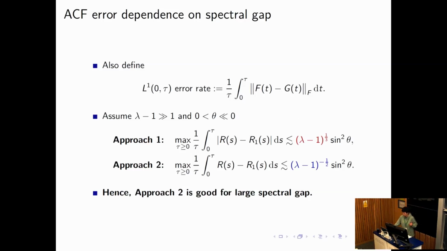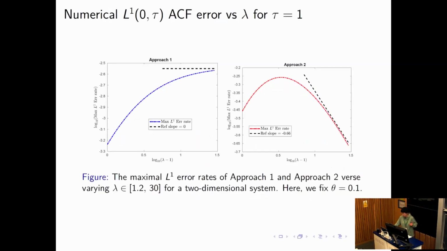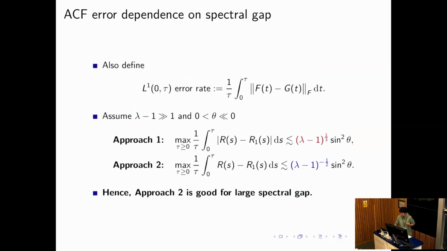And then we have the numerical study for the ACF result. I want to point out that these are all upper bounds, meaning it's just the worst case.